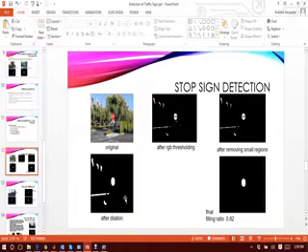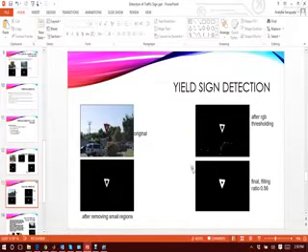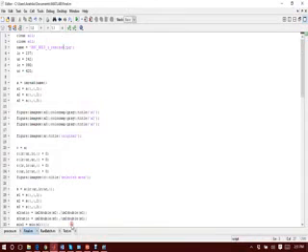Finally, it is compared with the filling ratio, and then the final stop sign is obtained, thereby removing all the other regions which have filling ratios lesser than the given filling ratio of the stop sign. Similarly, we have shown the yield sign detection here also.